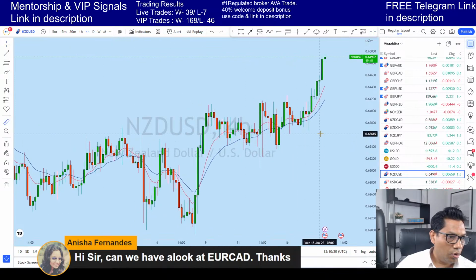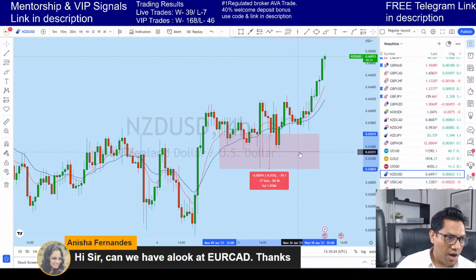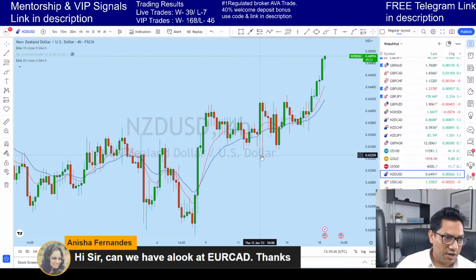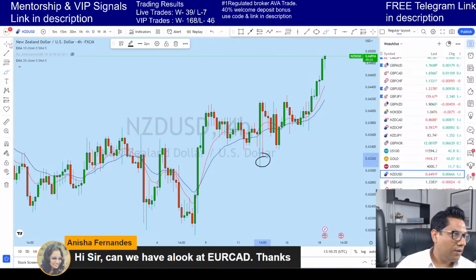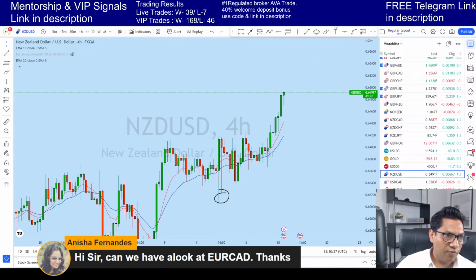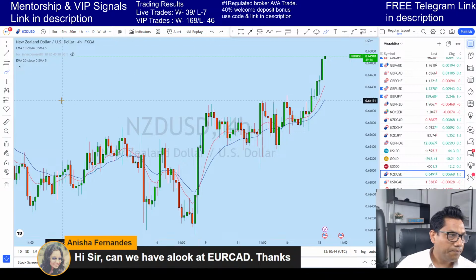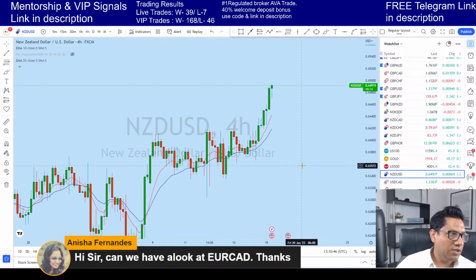You look at the long wick of this candle, and almost from half of the long wick we have seen another one has gone up, and basically this liquidity grab on NZD USD has given the higher probability for this price to continue to go. So this is why you can say that NZD USD is moving up.